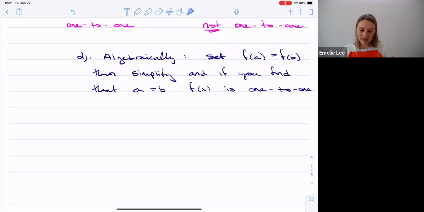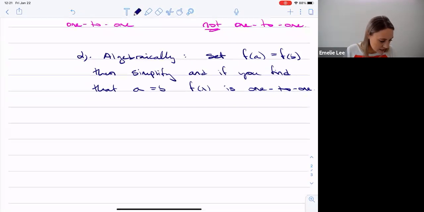The input of these two are actually the same. If you don't, then it's not 1 to 1. Okay? We'll do an example in a little bit, but I want to introduce all the inverse stuff first. This is what we'll use a lot of the time if you have to prove something, is 1 to 1.